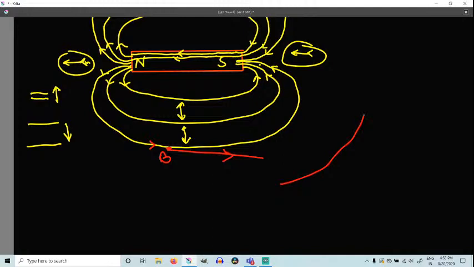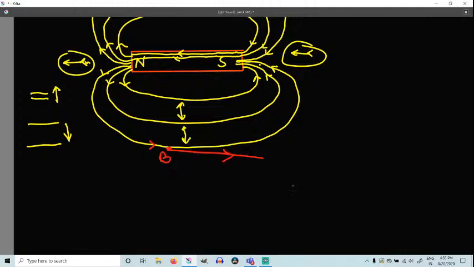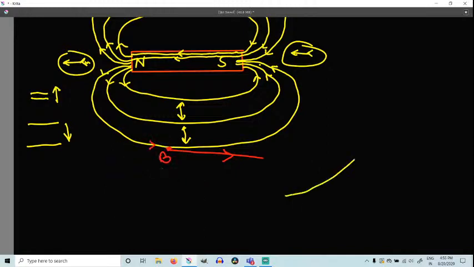Just a minute, I'll change the color. They said that we can't have two magnetic field lines crossing each other. Because then it will show two directions. You can see that I've made two magnetic field lines crossing. This is field line 1, this is field line 2.